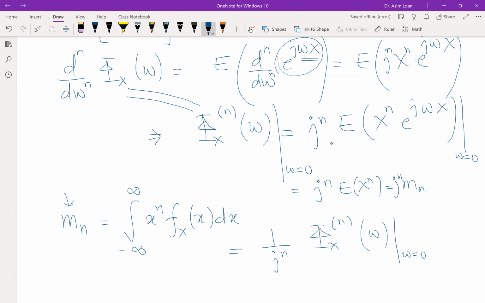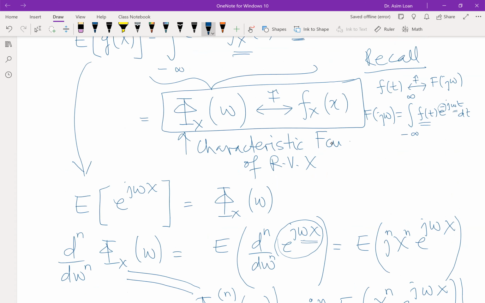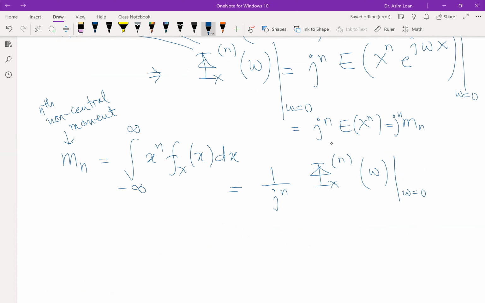So if you want to find the nth non-central moment, and obviously when you find the non-central moment, you can always find the central moment from here. You can either do the integration with the density, or if you know the density, you can find the Fourier transform pair, find the characteristic function, and simply keep on differentiating it, whether you want the first, the second, the third, or whichever moment you want. Then you take the derivative and evaluate at omega equal to 0.